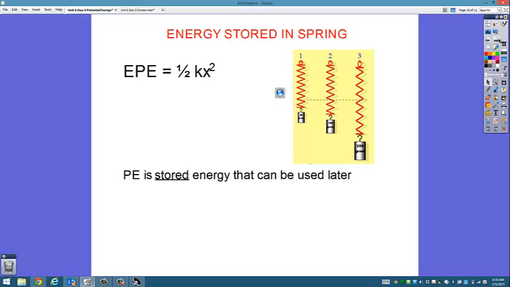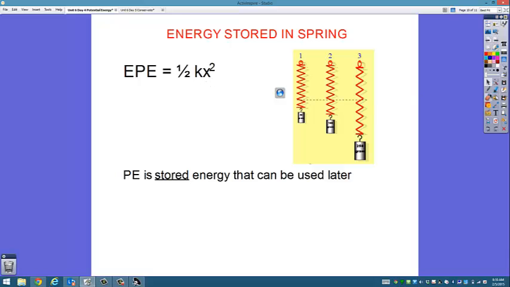Okay, so what we're focusing on really is this idea about how springs can store energy. So you pull a spring down, you can hold it there for a second, and it's going to store energy. So our equation is elastic potential energy, this EPE, and it is 1/2 kx squared.